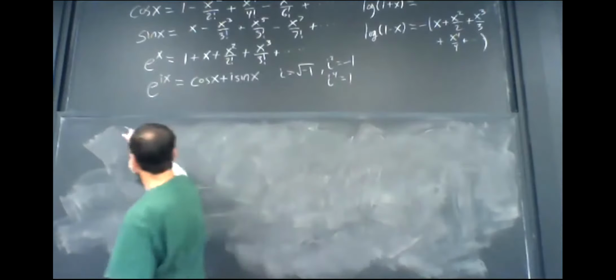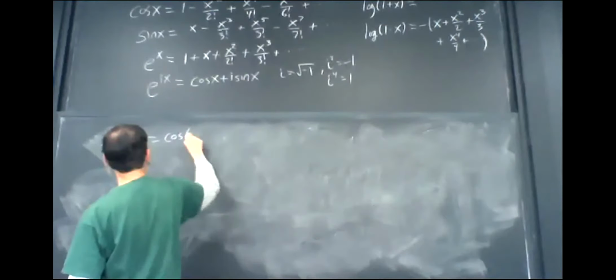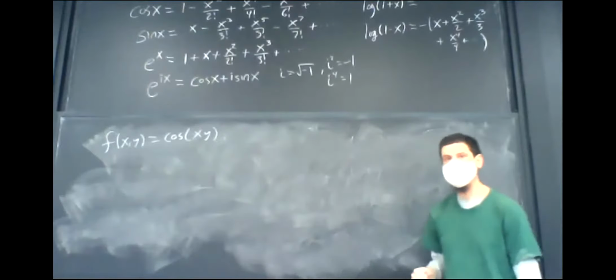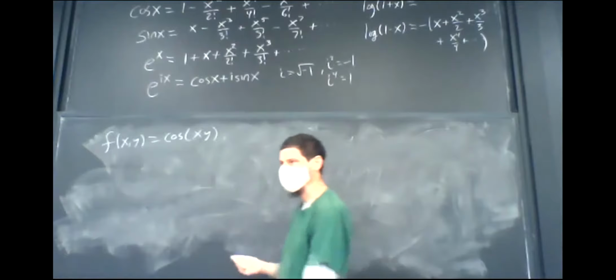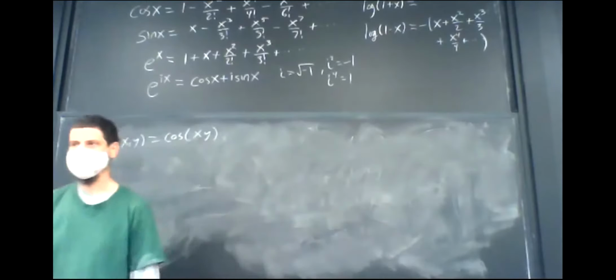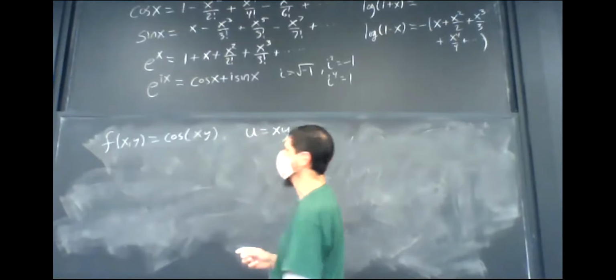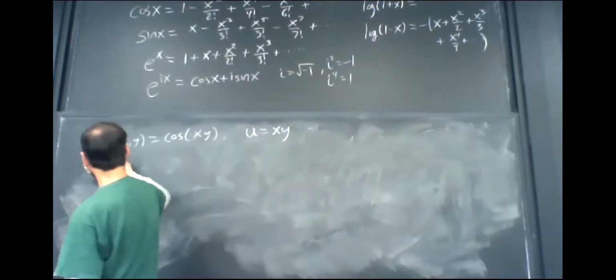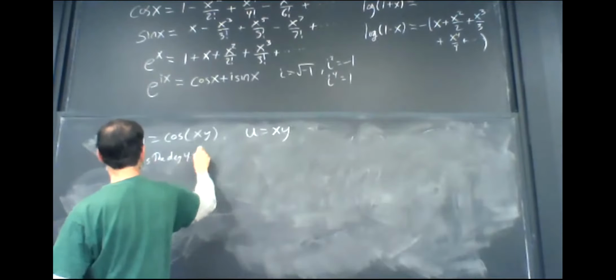So let's say I give you f of xy is cosine xy. We can now start calculating the partial with respect to x, with respect to y, with respect to x twice, xy, and so on and so on. Or let's say u is xy. What is the degree for the Taylor series?